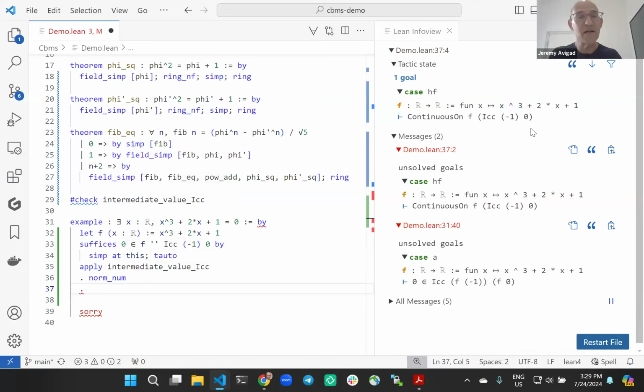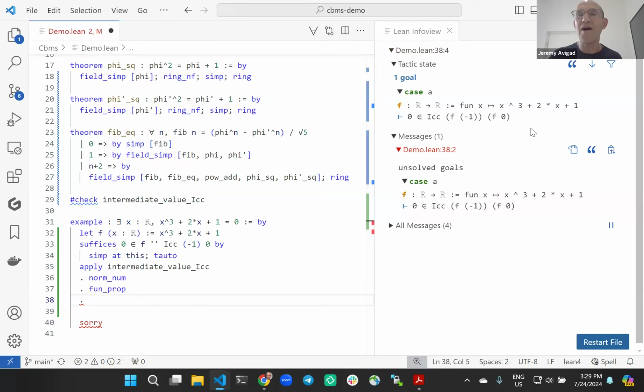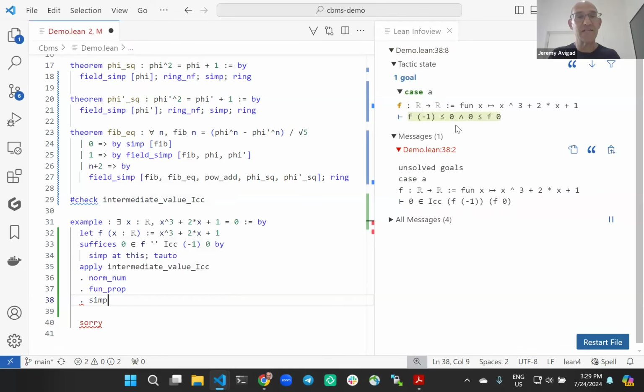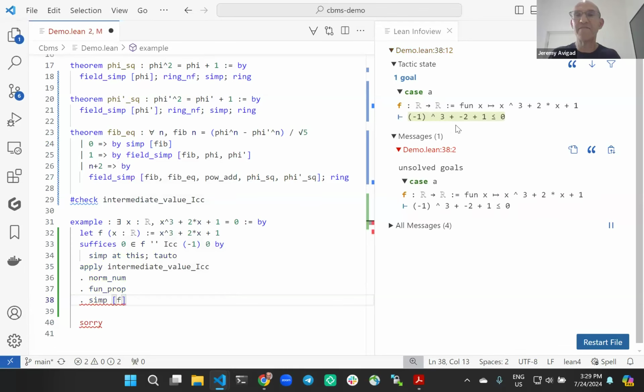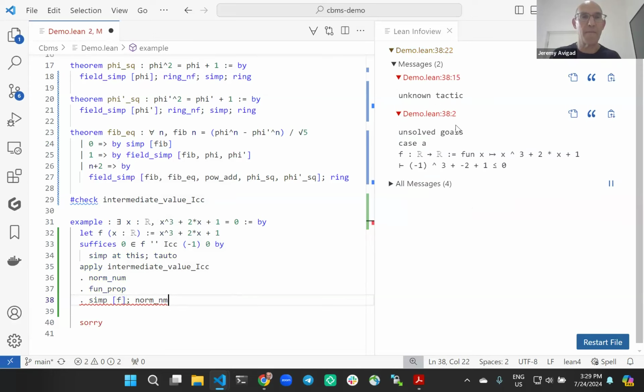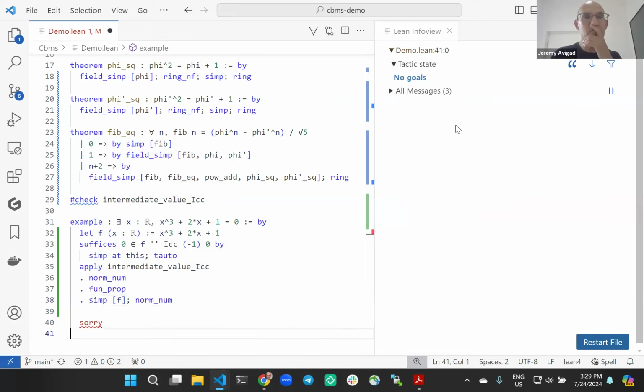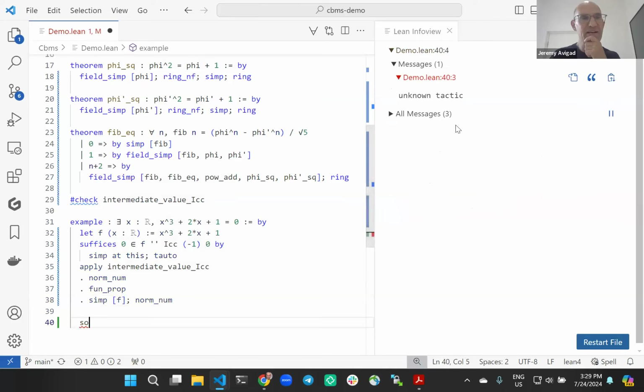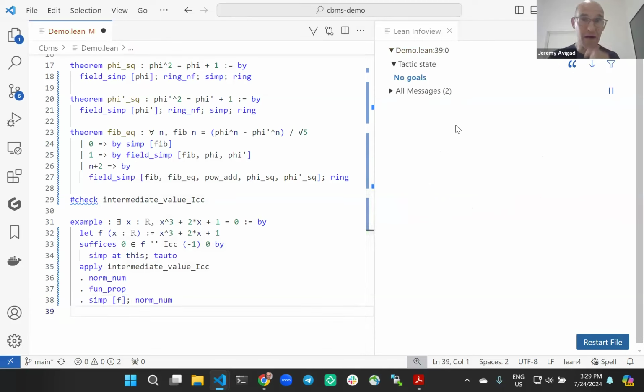It's called fun_prop. And finally, we need to show that 0 is in that interval. And so let's simp and unfold f. And then it's just a numeric calculation. So we can do that with norm_num. Okay, and so that was a quick 15-minute demo of Lean.